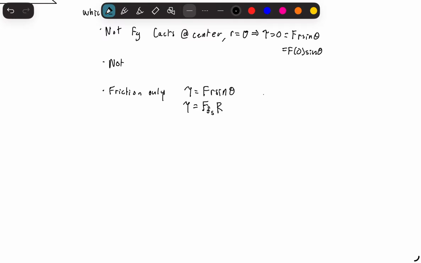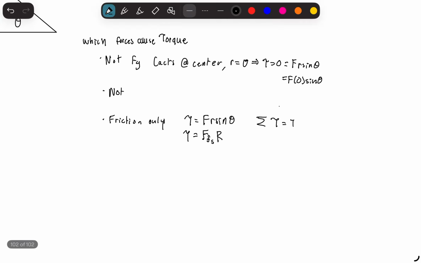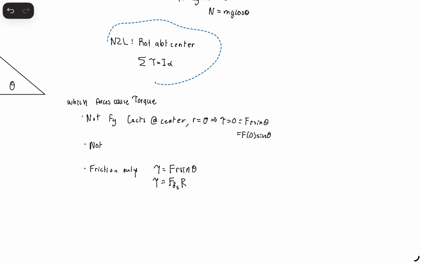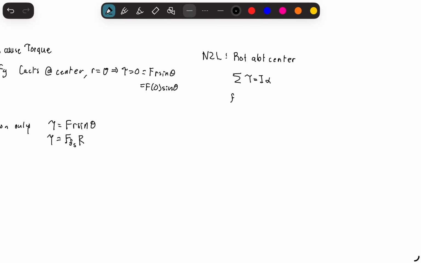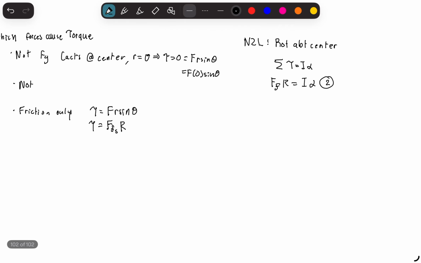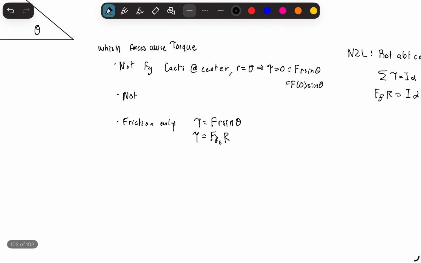Then you can set your summation of torque equal to I alpha, which we did up there. So we can take this and write that F, your force of friction, times your R is equal to your I times alpha. We can call this equation 2. And you also don't have torque from Fn, because the line of action of Fn passes through the center.